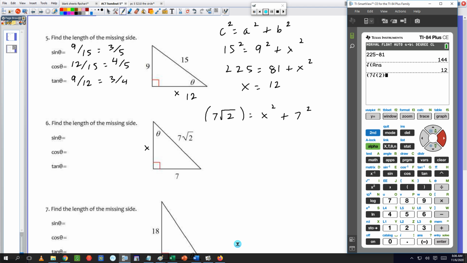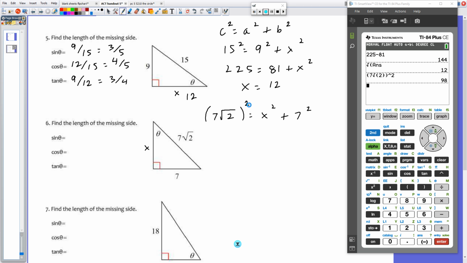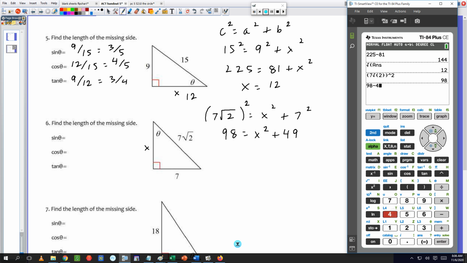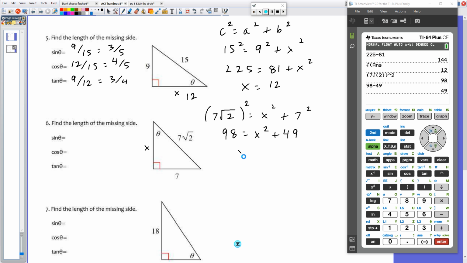And you're going to square the radical 2, which cancels the radical. So you get 49 times 2, which gives you 98. Just put a square there. 98. And 7 squared is 49. I'll take 98 and subtract the 49, and then I will do the square root of that. And we'll end up with x is equal to 7.